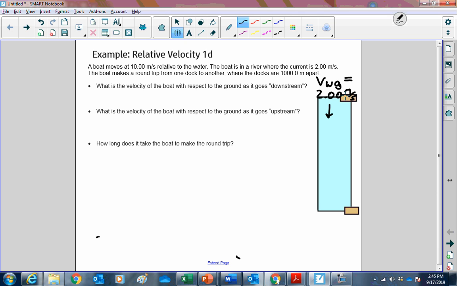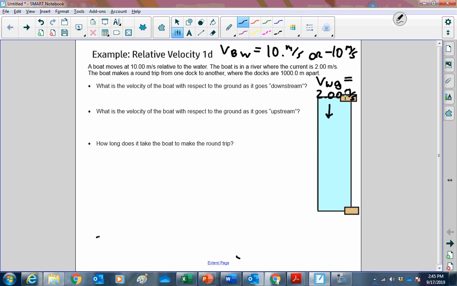So if we imagine that we have the velocity of the boat with respect to the water, because it's in the water with its propeller spinning, let's say that it's going positive 10 meters per second in one direction, and then when it turns around, it will go negative 10 when it comes back.